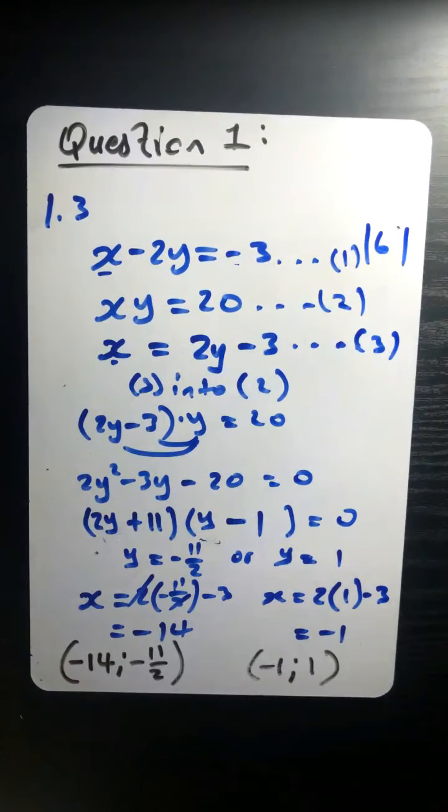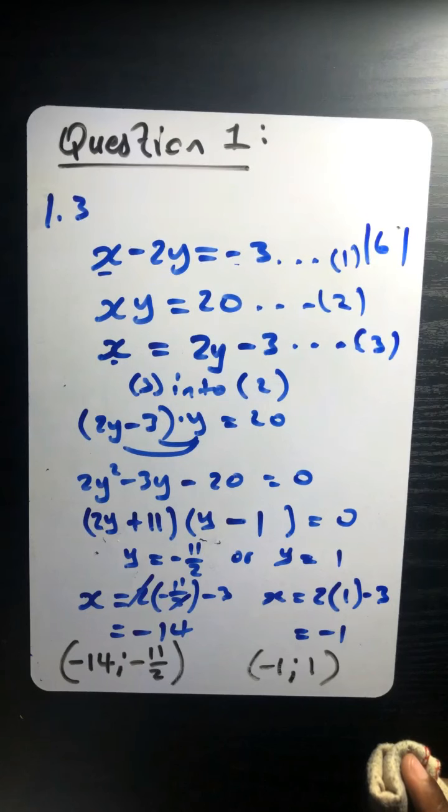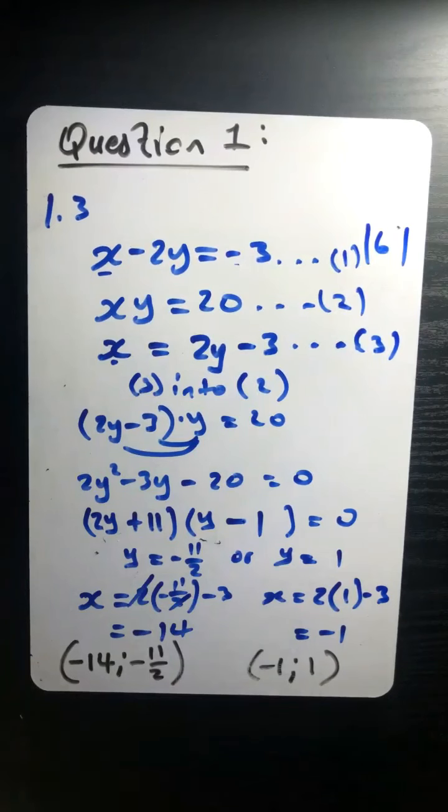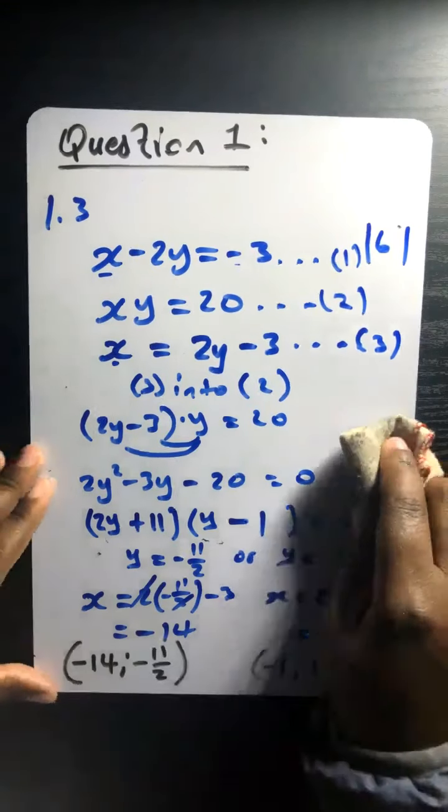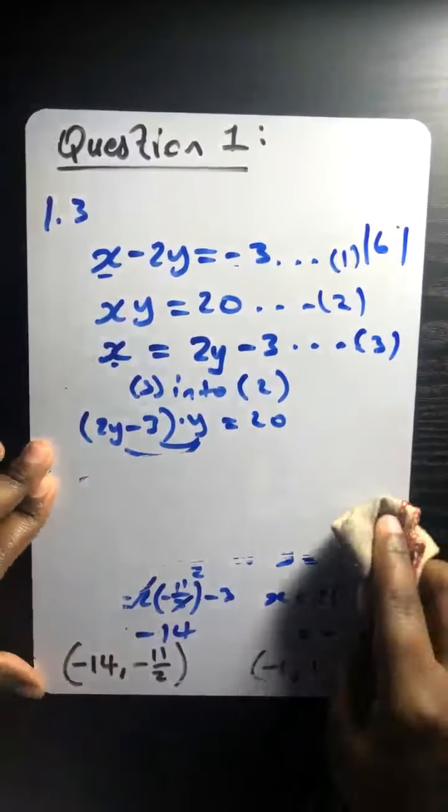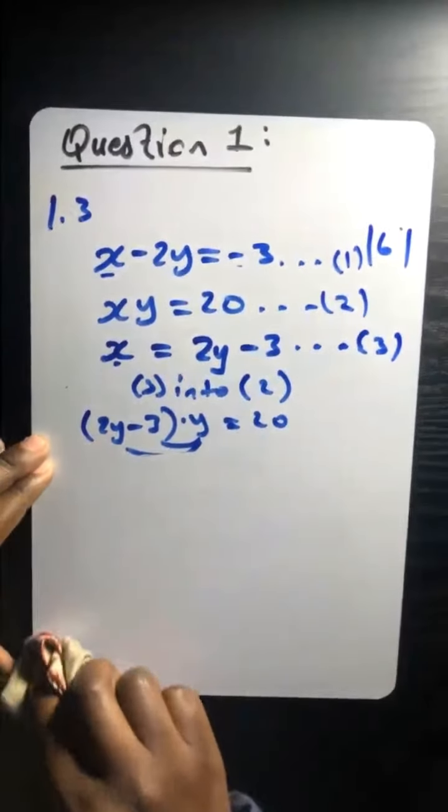It's Tumelo, sir. My first y value is positive 4. My second y value is negative 5 over 2. Then when I substitute to find x, I got 5 and negative 8, sir. Yes, those are the correct final answers. When I worked out this problem, I got those answers.